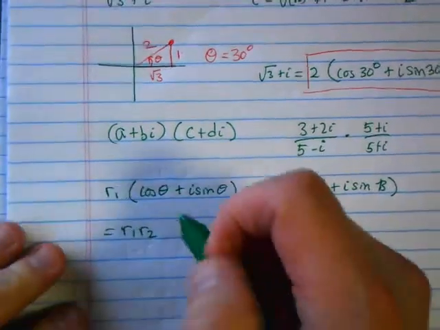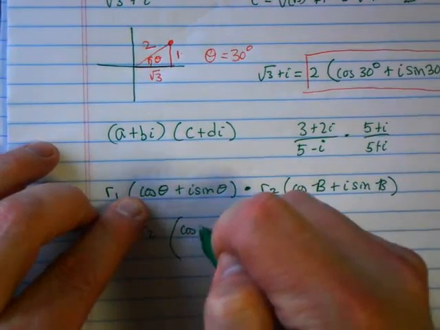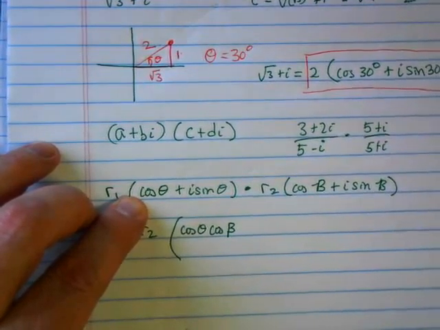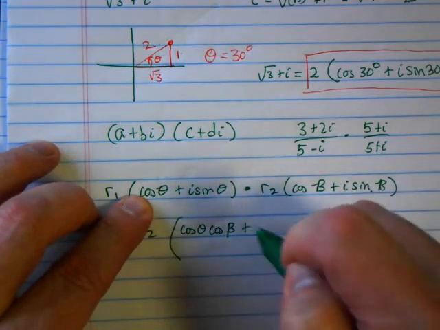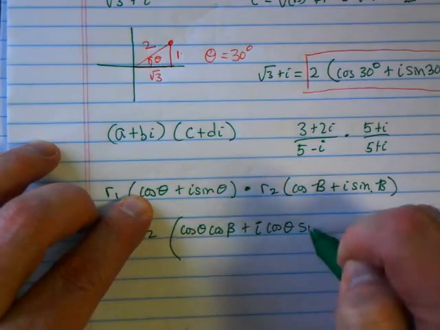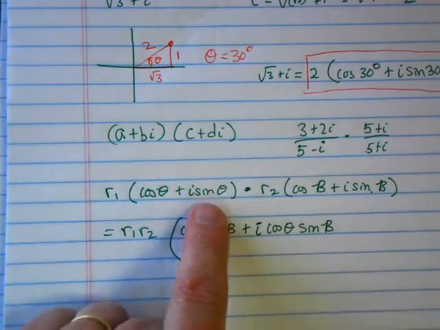All right, so when I FOIL, I'm going to have cosine theta cosine beta. Then I take this one and multiply it by that one. That's plus i cosine theta sine beta. Then I move to this one and I distribute it.